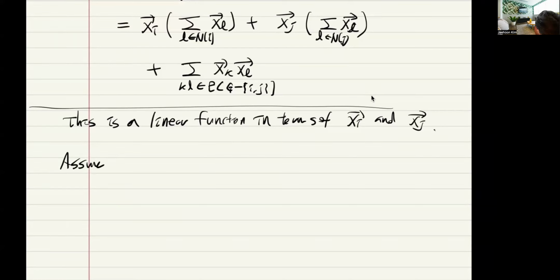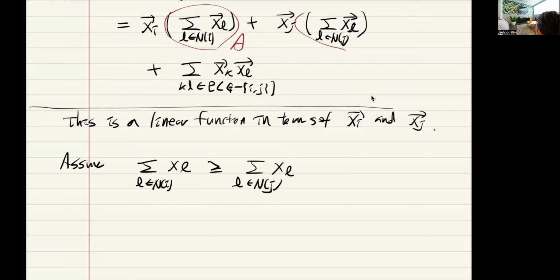Let's just assume that this term is bigger than the other term. So let's say this term is A and this term is B, and let's say A is bigger than or equal to B.